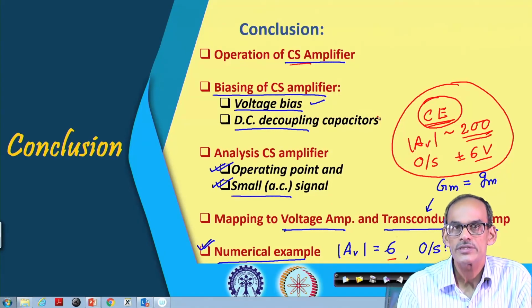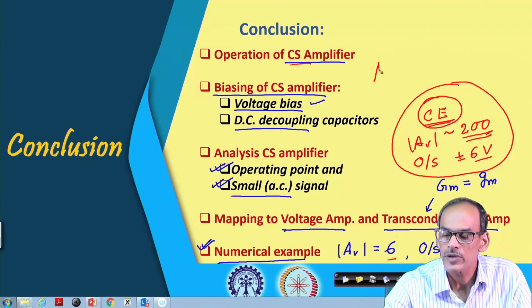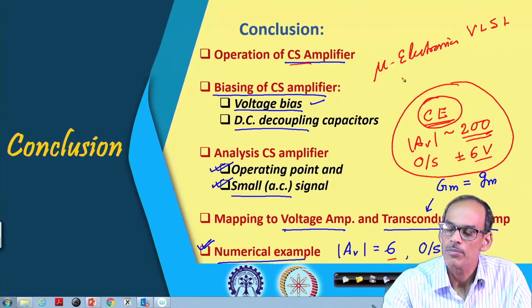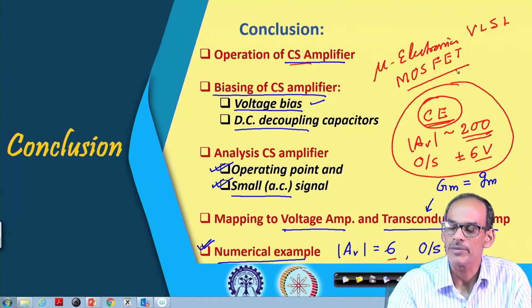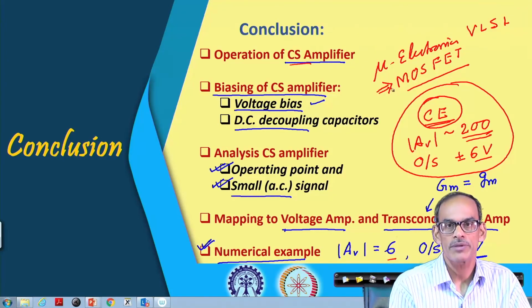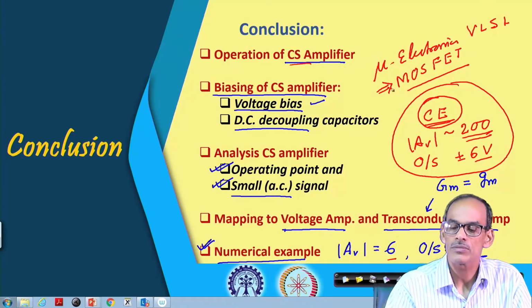Then the natural question is, why do we go for the common source amplifier? The answer is that whenever we go into microelectronics and VLSI design, where MOSFET transistors are the primary elements, to realize this voltage amplifier we need to use a MOS transistor rather than a BJT.